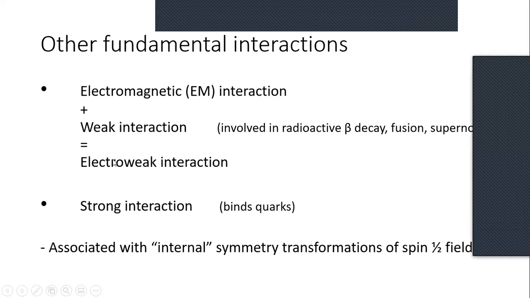Those two have been combined into something that's known as the electroweak interaction, described by the electroweak theory, which predicted extra new particles which were found at CERN in the early 80s, and it uses the Higgs mechanism, which involves the Higgs boson that's also recently discovered at CERN.